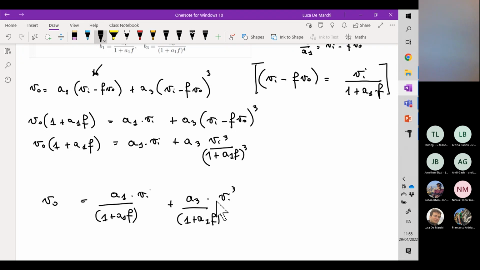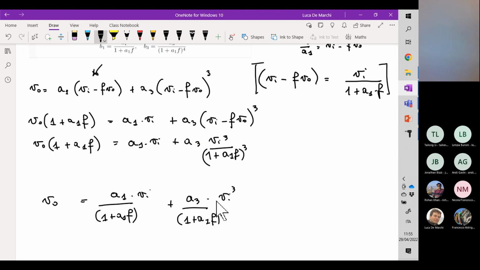So V out times 1 plus A F is equal to I out times Z out. And finally, we have that V out over I out, which is our output impedance, capital Z sub null, is equal to Z out over 1 plus A times F.